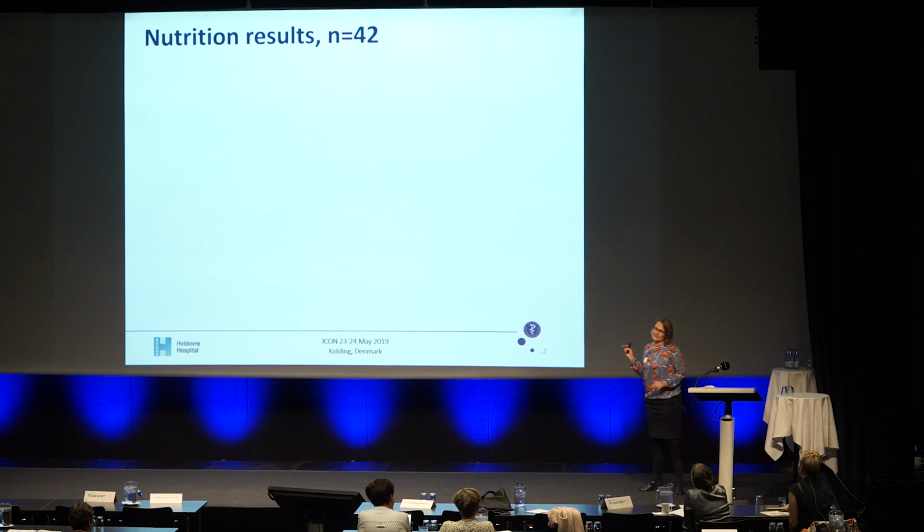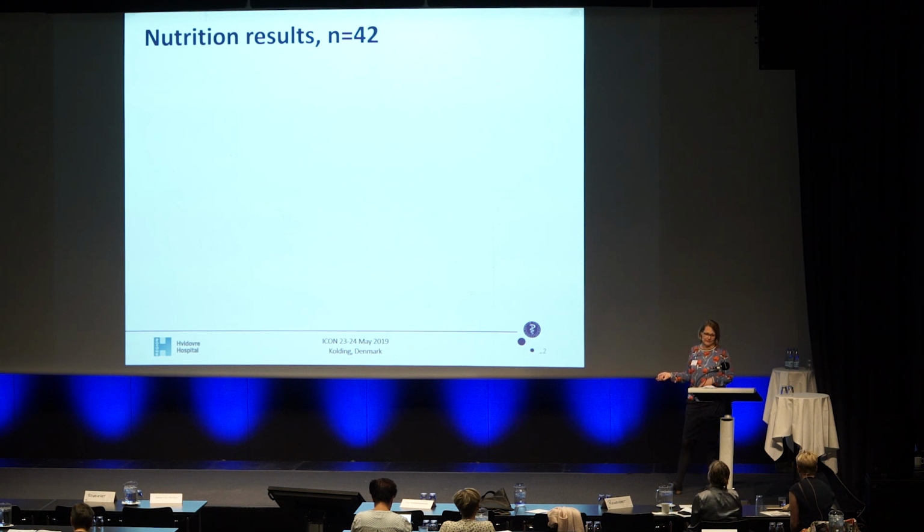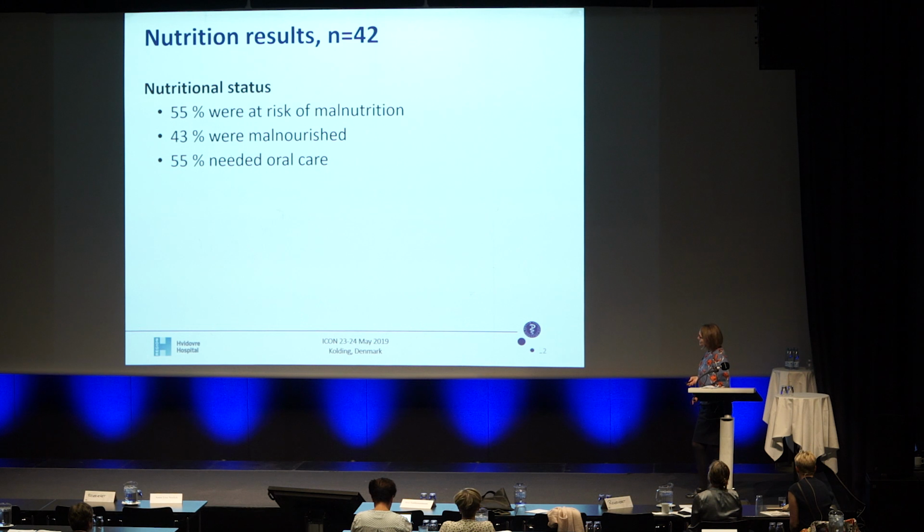So this result is based on 42 patients with major amputation, and we followed them through the 10 days before and 10 days after the amputation. And this is the result of the nutritional screening on admission. What you can see is 55% of these patients were at risk of malnutrition, but actually 43% were already malnourished.